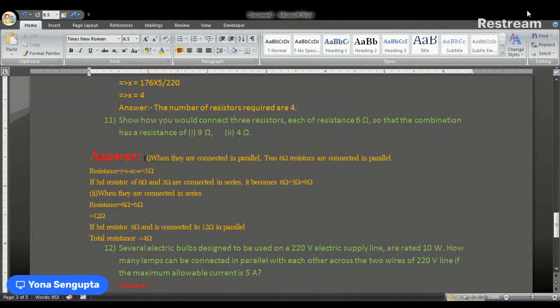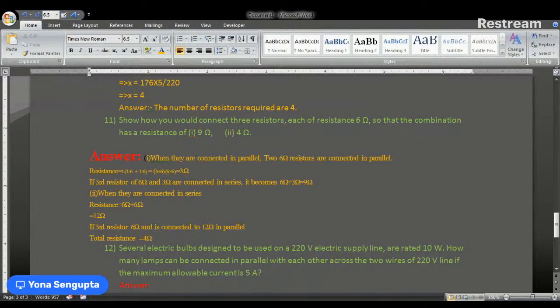It is 1 by R, which is 1 by 6 plus 1 by 6, which equals 6 plus 6 by 6 into 6.